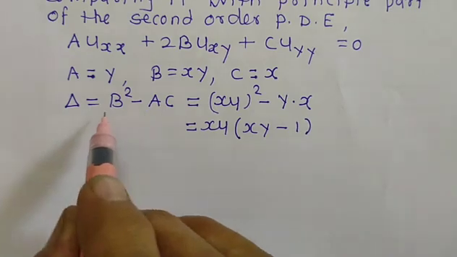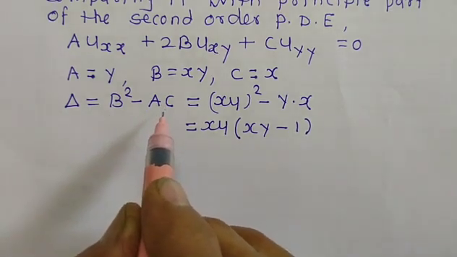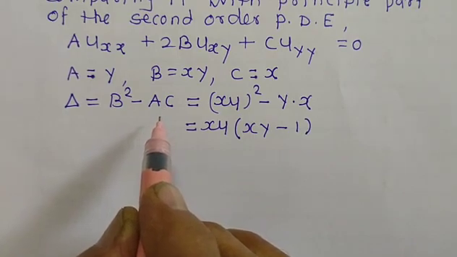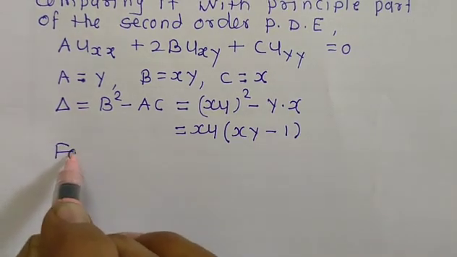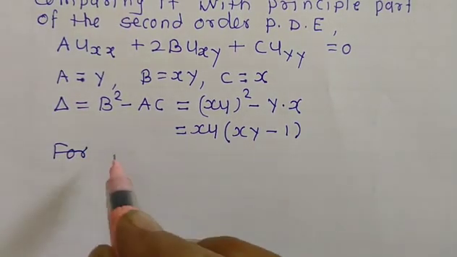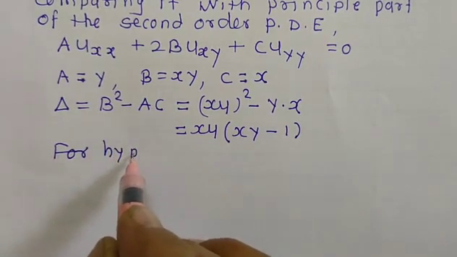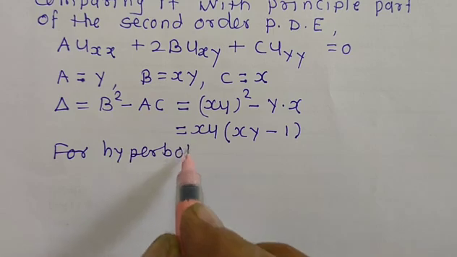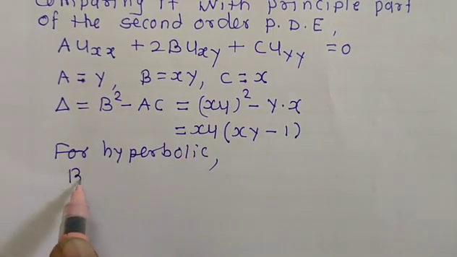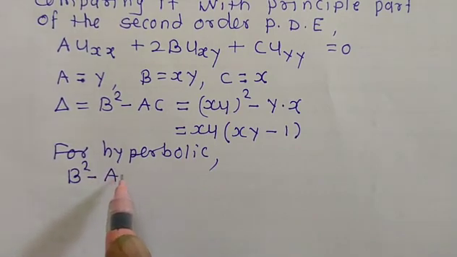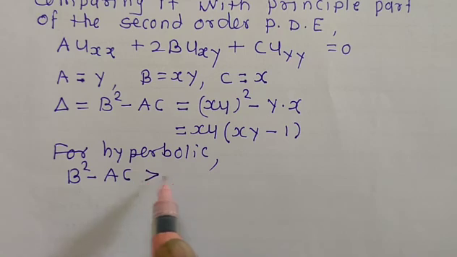Okay. Now, you know if B square minus AC is positive, then this is hyperbolic. For hyperbolic, what is the condition? B square minus AC should be positive. This is the condition.